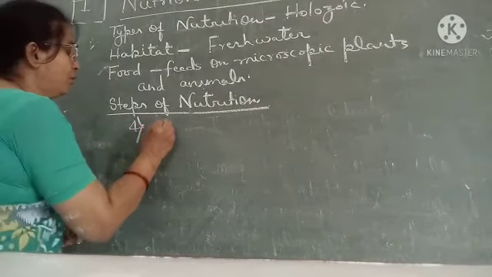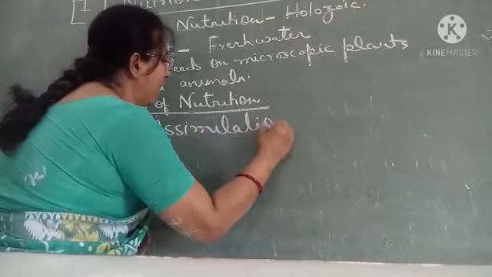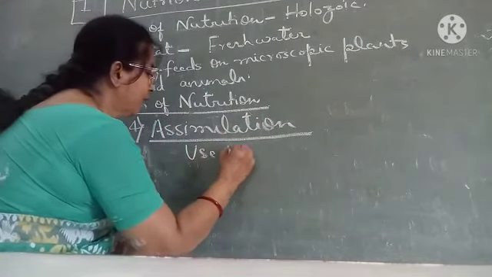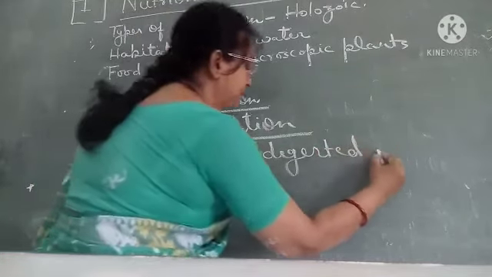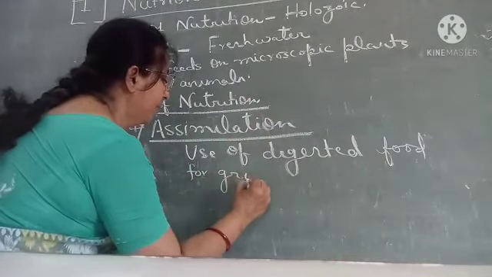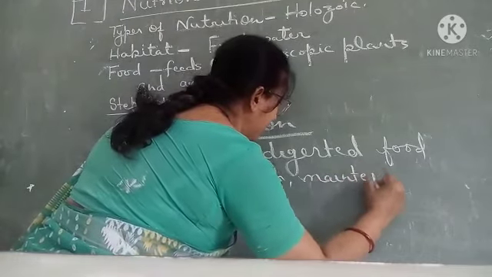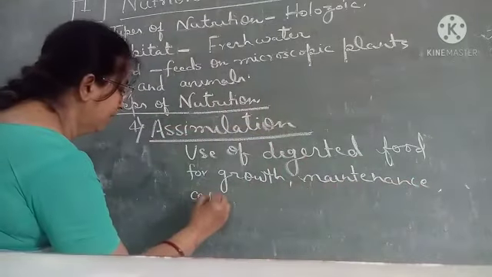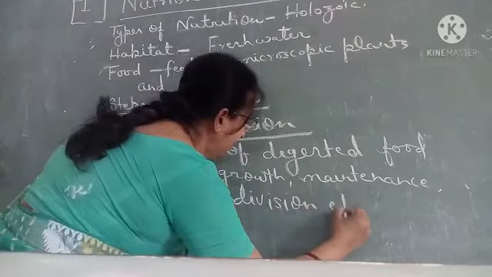Now come to the fourth step. Fourth step is assimilation. Assimilation means use of digested food for growth, maintenance, cell division, etc. And after that, what happens?